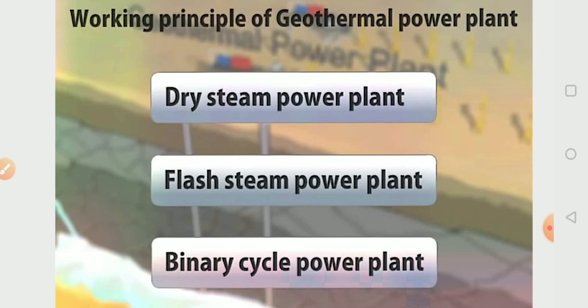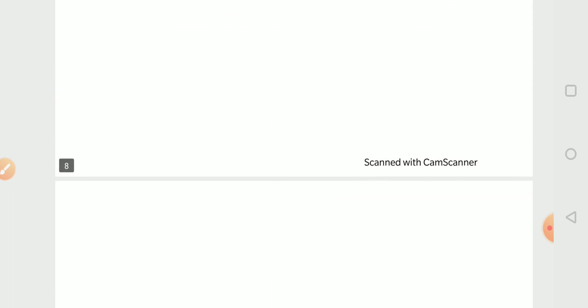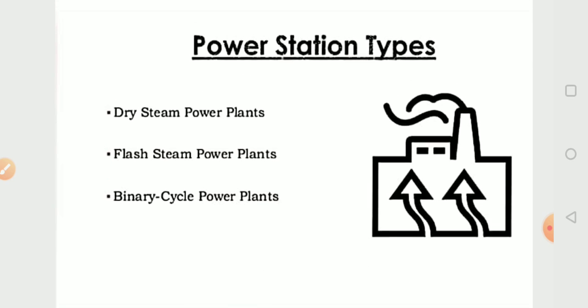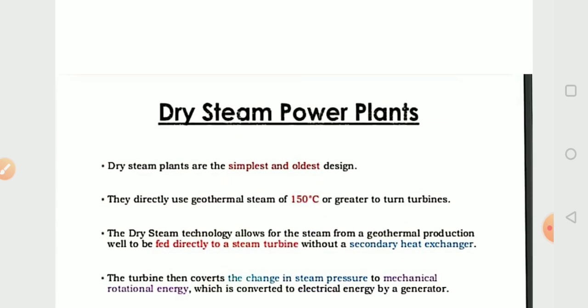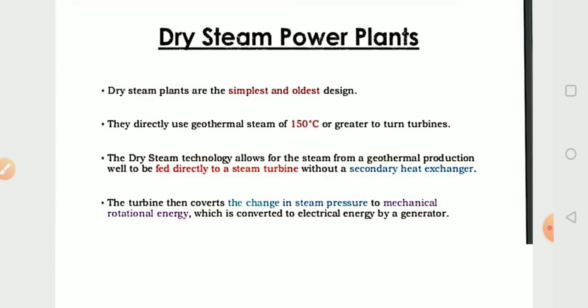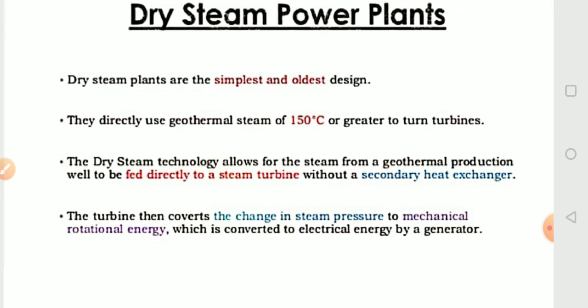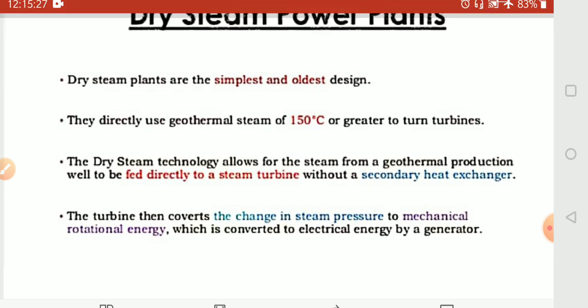First is dry steam power plant, second is flash steam power plant and third is binary cycle power plant. At first we will discuss dry steam power plant.